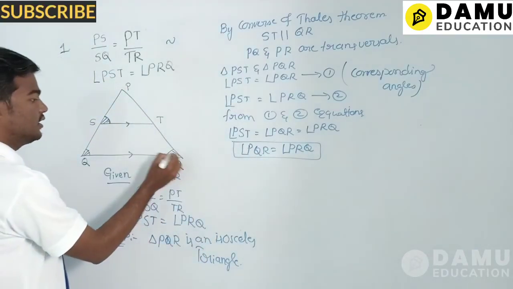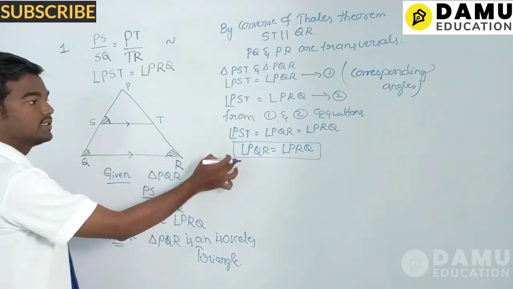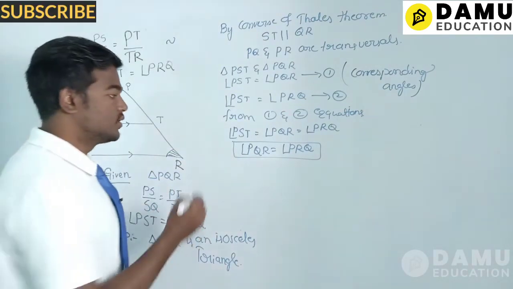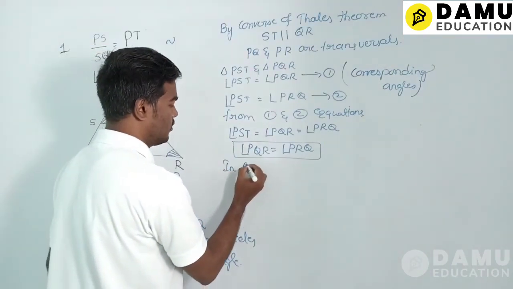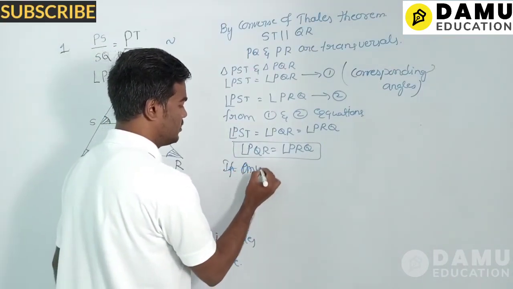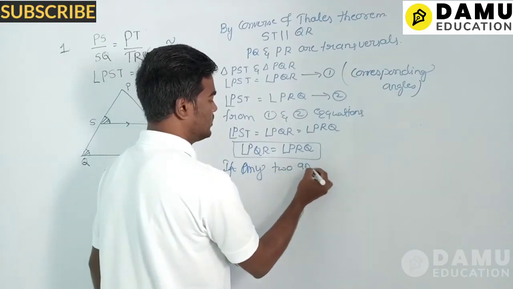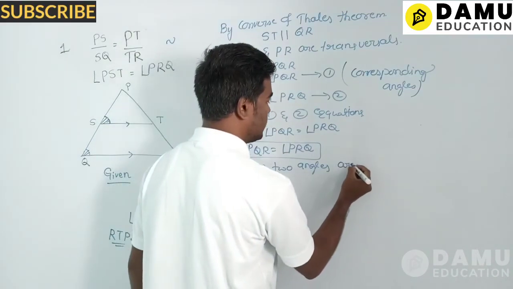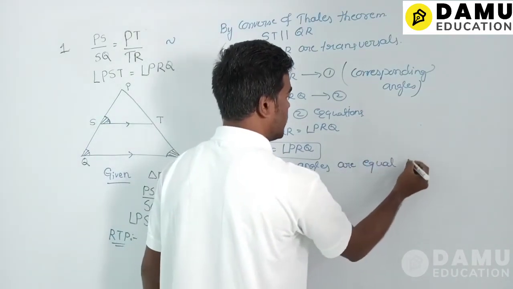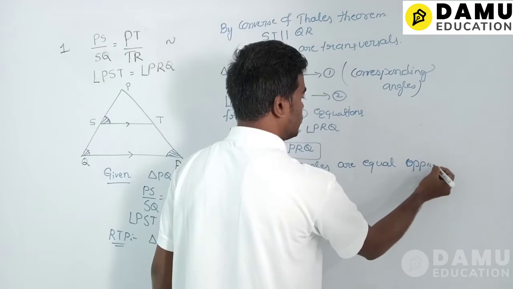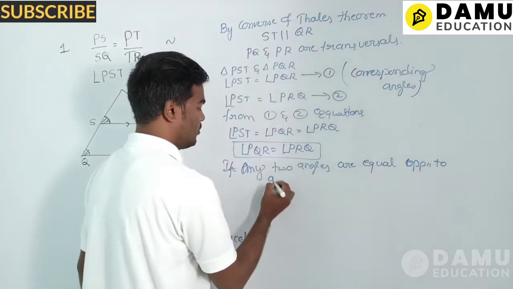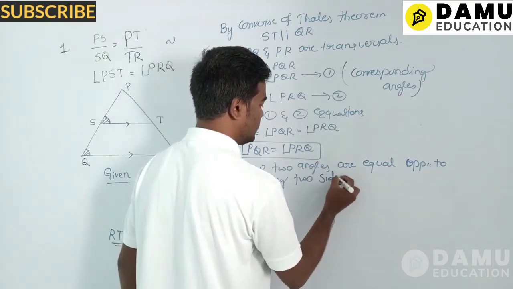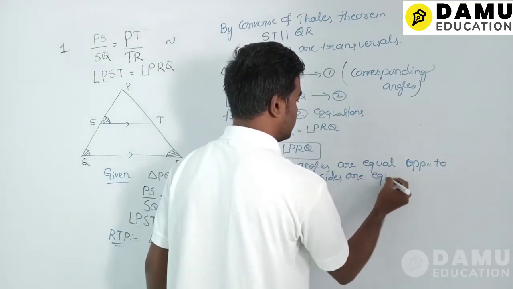Because this angle and this angle, both angles, are equal. If any two angles are equal, the sides opposite to them are equal.